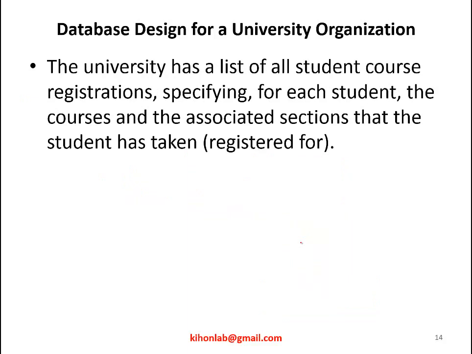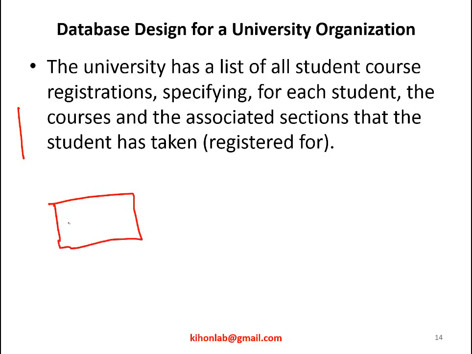Next, the university has a list of all student course registration, specifying for each student the course and associated sections that the student has taken. So what are the entities that come into this picture? The university has a list of students. So student is one entity.